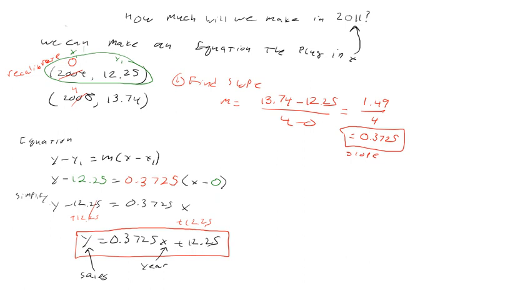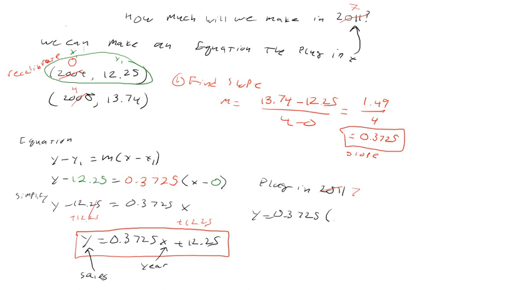And so I plug this in for 2011. Remember, 2011 became 7. So I've got y equals 0.3725 times 7, 7 years I grew, plus 12.25.